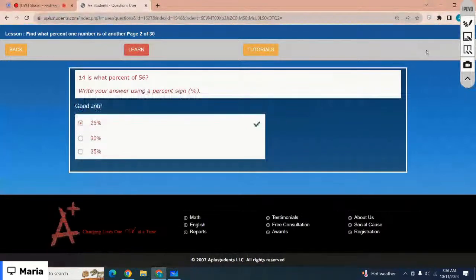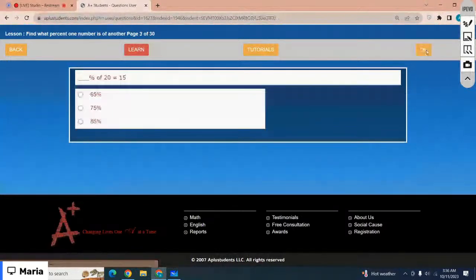Got it? Okay, what percent of 20 is 15? Which is the correct option? Just do calculations and let me know the answer. Be quick.